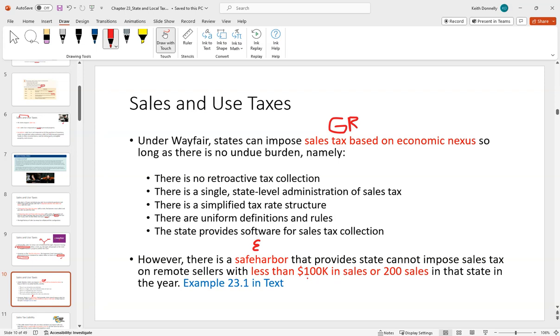And it basically says this: here we are, let's just say we're a California business, and we're doing business or sending stuff to, let's just say, Ohio. If we have less than 100K in sales, or we have less than 200 total sales, we're not going to be subject to economic nexus. It hasn't risen to the level yet to be economic nexus.